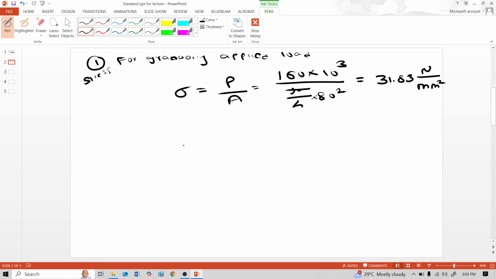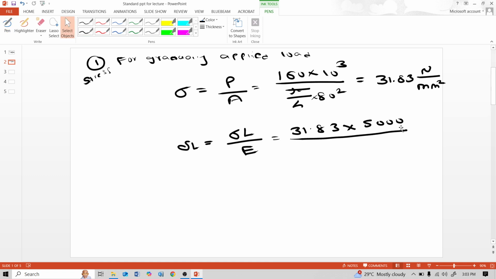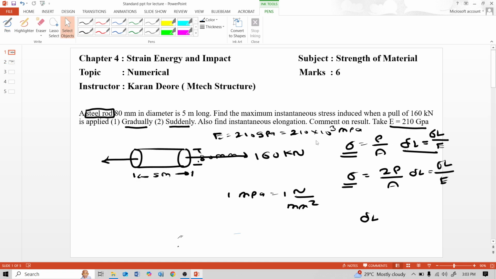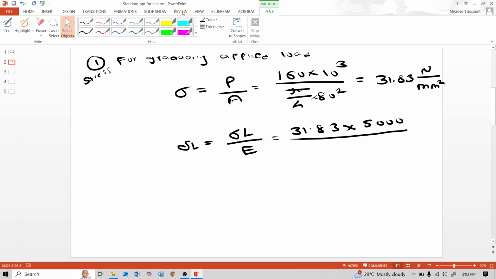And the change in length for the gradually applied load is stress into length upon E. Stress is 31.83 and length is 5 meter, that means 5000 mm, and E, the material property, is 210 GPa, that means 210 into 10 raised to 3 MPa.